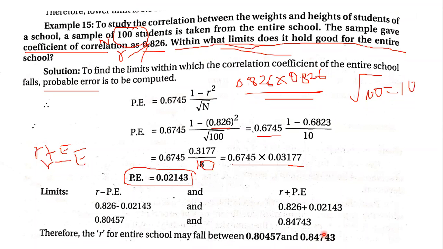So these are the limits where the correlation coefficient should fall. If it falls anywhere to the other side, then it means that you will not be getting the complete value and the required results. Are you all able to follow?